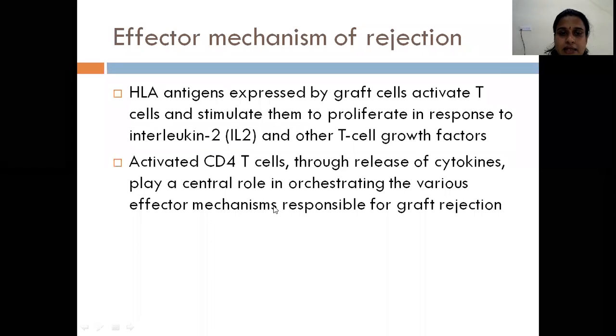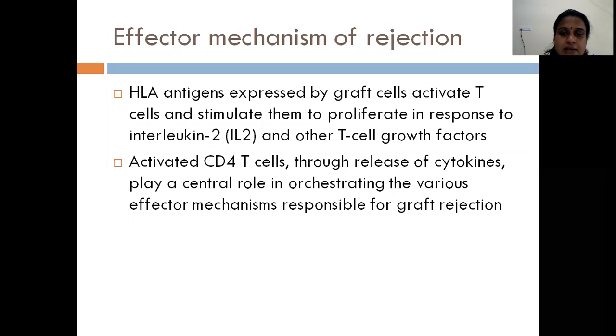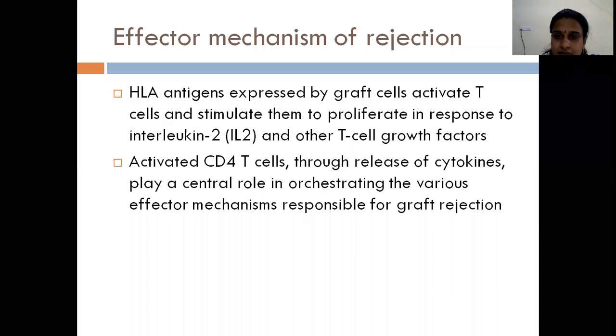So that is the main idea. The HLA antigens activate the T lymphocytes through the interleukins and T cell growth factors, and these activated T lymphocytes release cytokines and other chemical mediators that ultimately result in antigen antibody reactions and hence graft rejection.